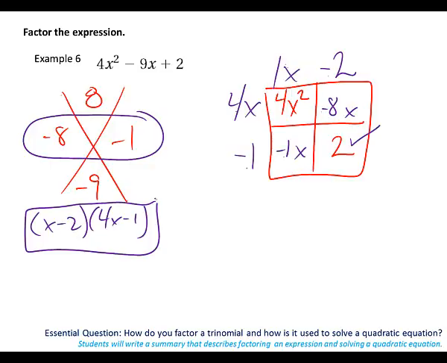All right. I want you to take about a minute. I want you to try example 7 on your own. So everybody's going to do example 7 right now. Okay.